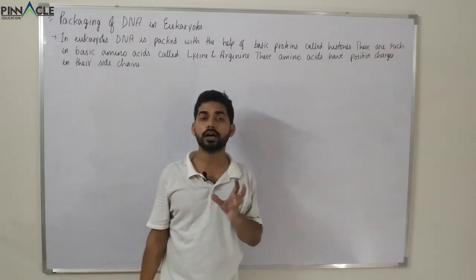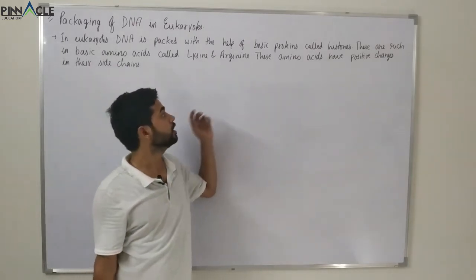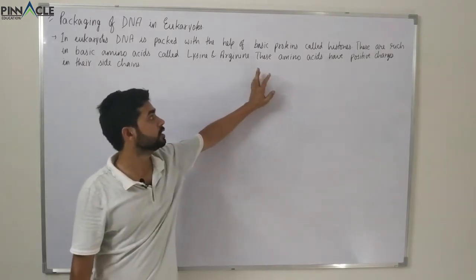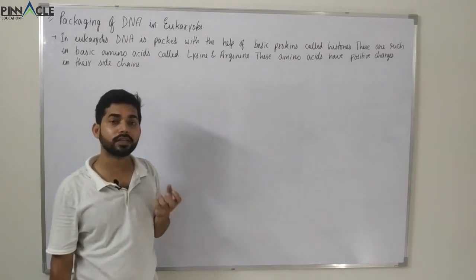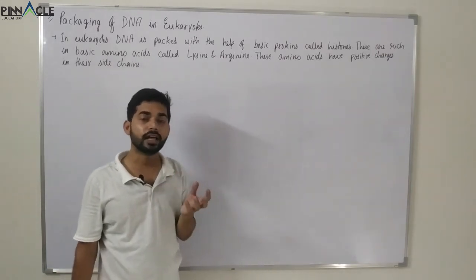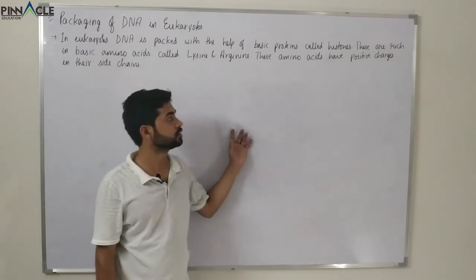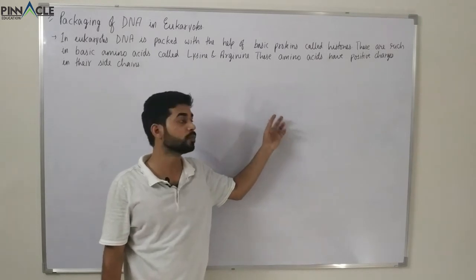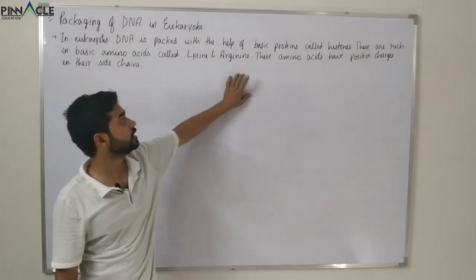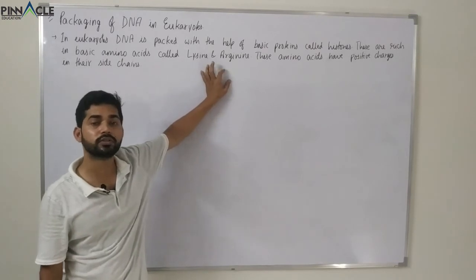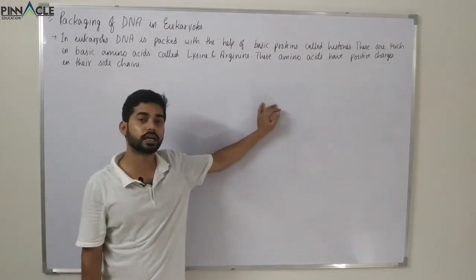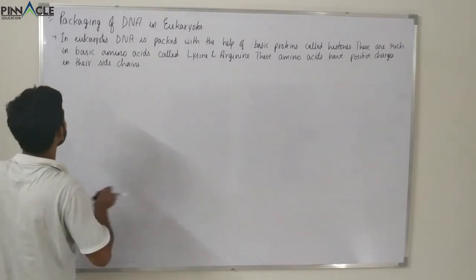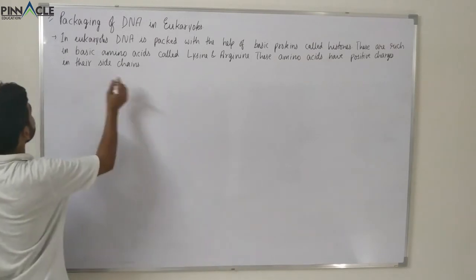These histones are basic proteins. Why are they basic? Because they are rich in basic amino acids, that is lysine and arginine. These amino acids have a lot of positive charges in their side chains. In the 11th chapter, biomolecules, we studied the structure of amino acids, the side chain as well as the carboxyl group and the OH group. The side chains of these two amino acids contain positive charges, and that helps in the attraction of DNA, because DNA is a negatively charged molecule. We'll see that later. But here we have to study how those proteins are arranged.